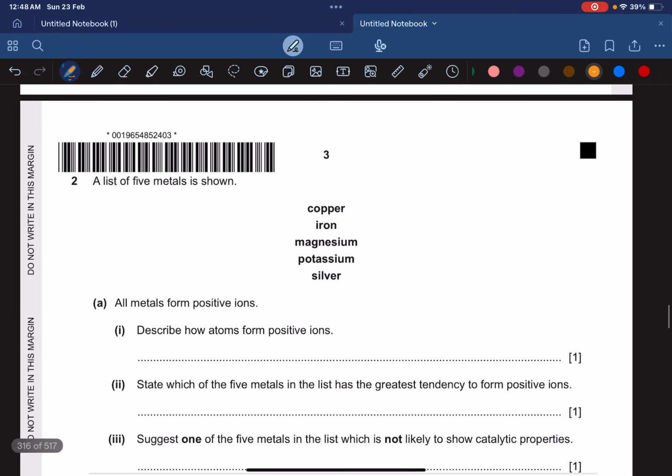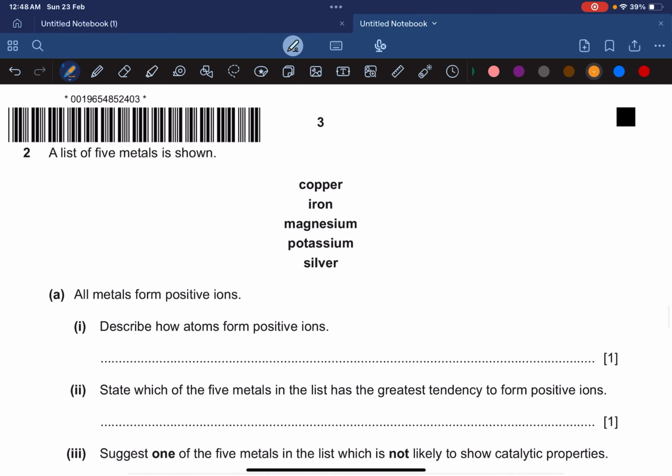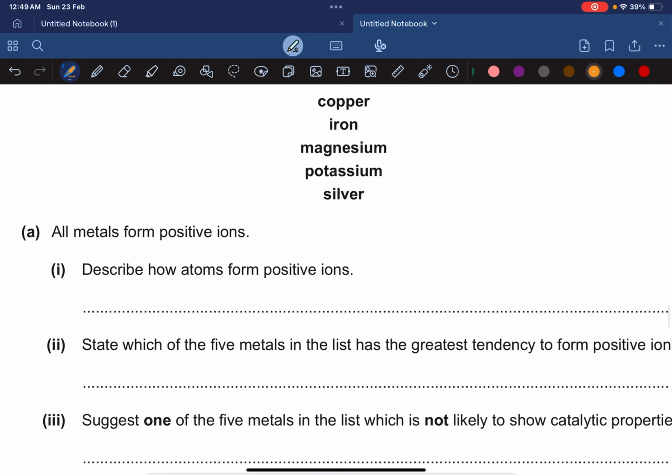Okay, let's move on. A list of 5 metals is shown. Copper, iron, magnesium, potassium, silver, all metals form positive ions. Describe how atoms form positive ions. You have atoms and you're forming positive ions. Positive ion means you have more protons, but obviously you cannot change the proton numbers.